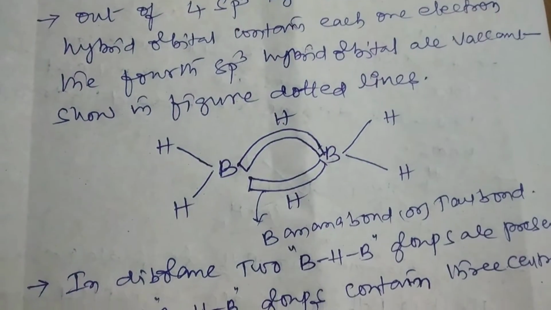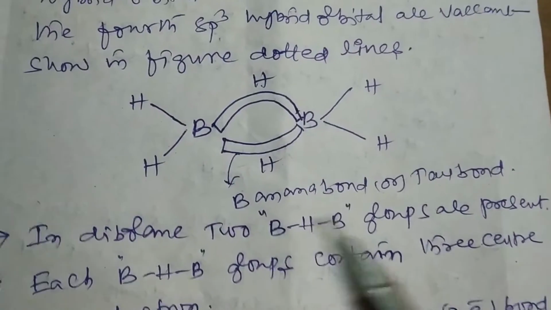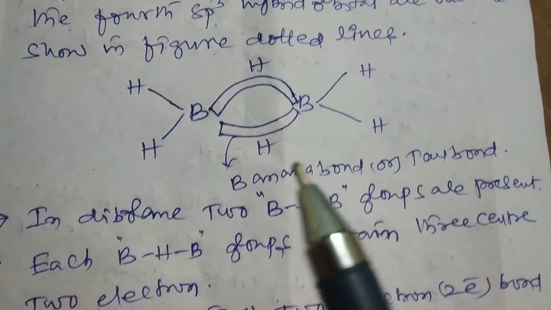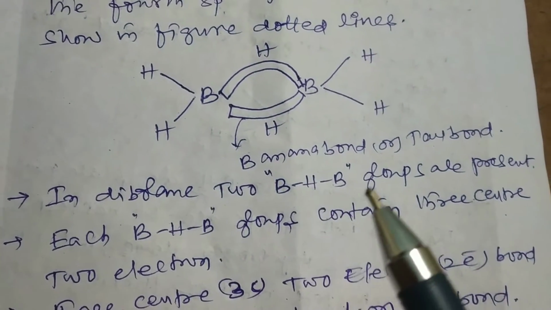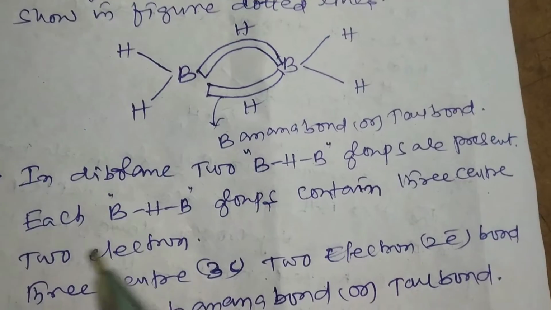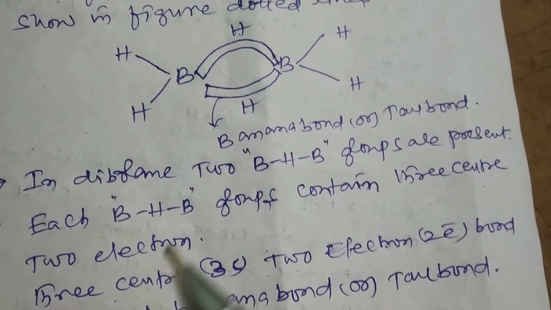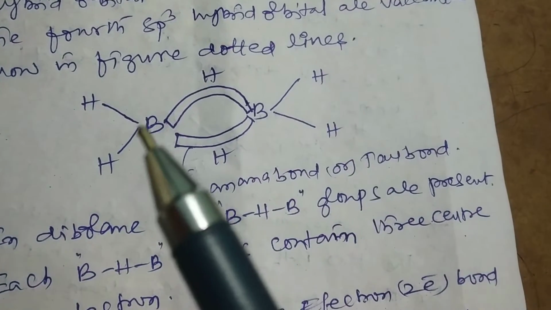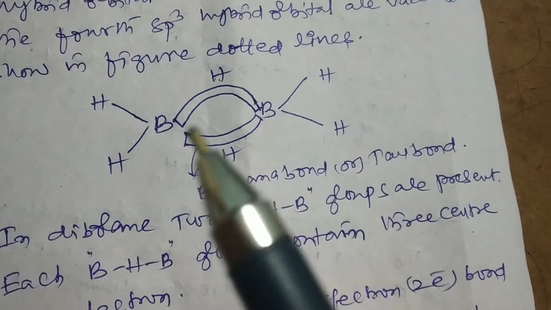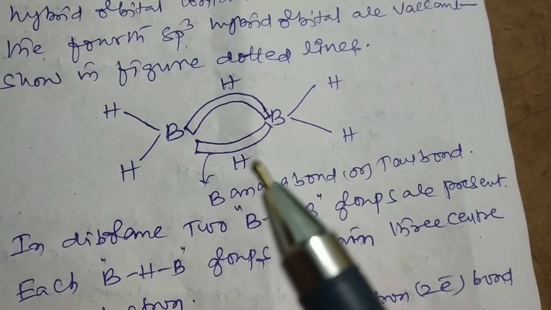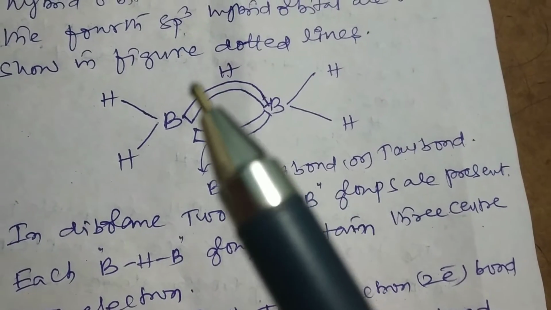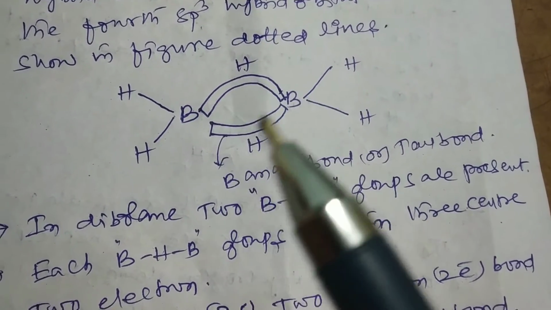Next one, another structure of diborane. In diborane, 2 BHB groups are present. Each BHB group contains a 3 center 2 electron bond. There is a BHB above the plane and a BHB below the plane. How many BHB groups? 2 BHB groups.